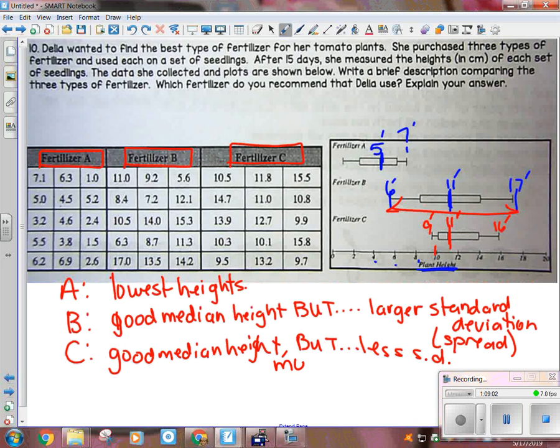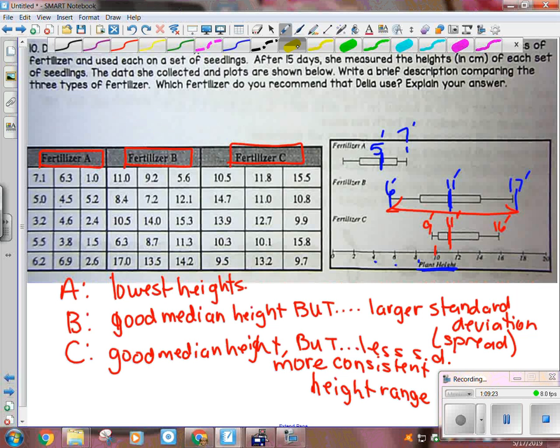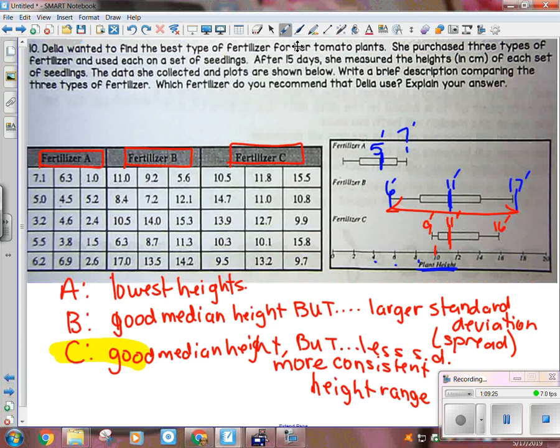So actually, I would conclude that C has a more consistent height range. Like you don't have as many highs and lows. There are going to be some shorter ones. There's going to be a few that are taller, but they're not going to be quite as varied as fertilizer B. If it were me, again, this is open to interpretation, but if it were me, I would probably say, you know what? C is my better choice.